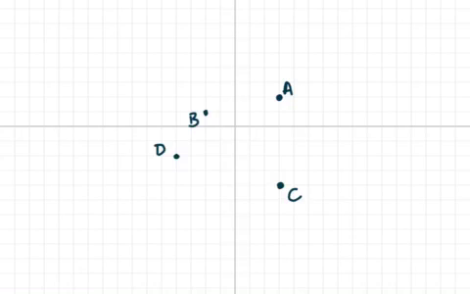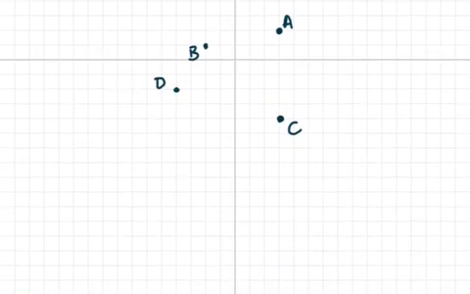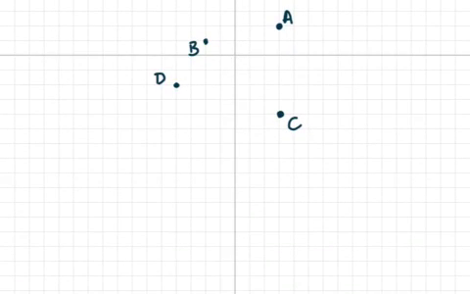We can find distances between points on our graph. So we had been talking about the Pythagorean theorem recently, and we're really going to use that a lot in this lesson.